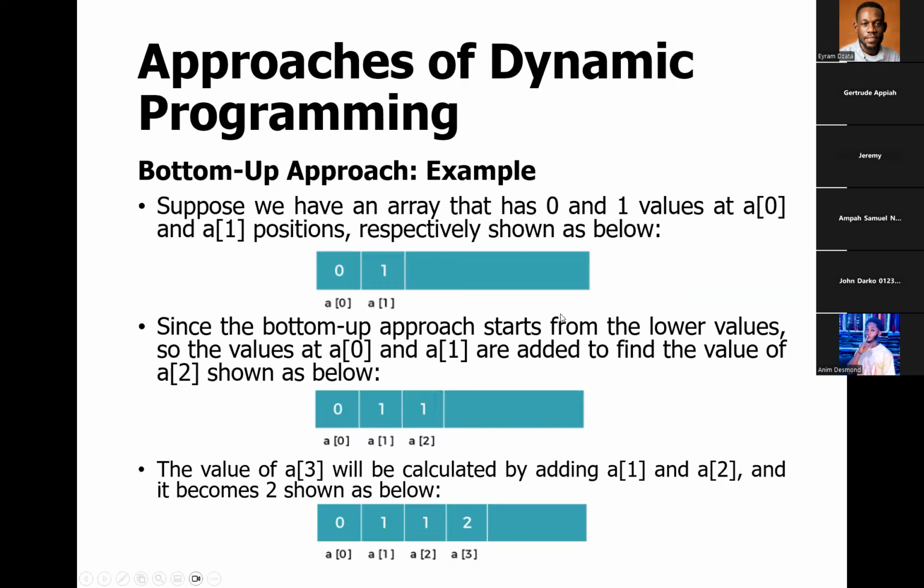Since the bottom-up approach starts from the lower values, the values at A0 and A1 are added to find the value at A2. Then the value of A3 will be calculated by adding A1 plus A2, and then it becomes 2, as we can see below.